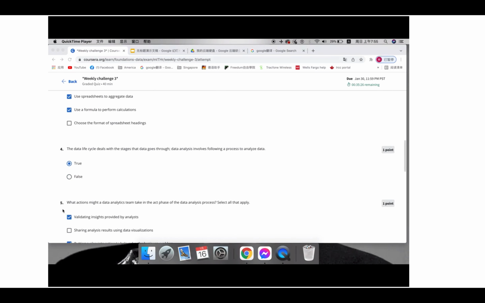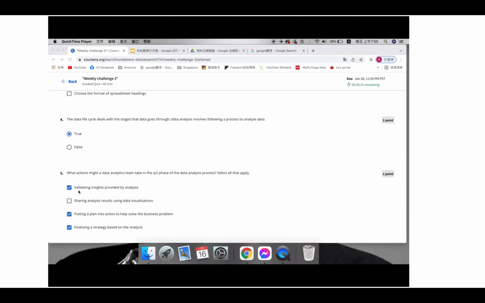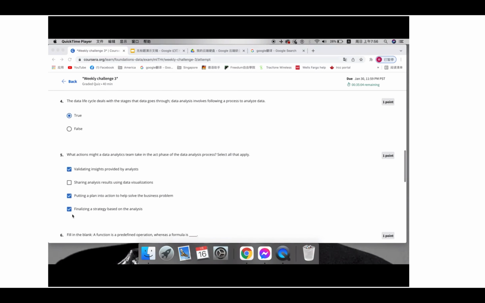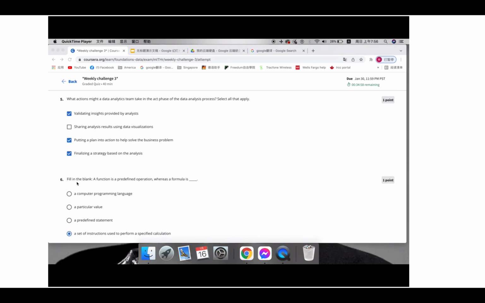Number 5, what actions might a data analytics team take in the act phase of the data analysis process? Select all that apply. Validate insights provided by analysts. Putting a plan into action to help solve the business problem. Finalizing a strategy based on the analysis. Number 6, fill in the blank. A function is a predefined operation, whereas a formula is a set of instructions used to perform a specified calculation.